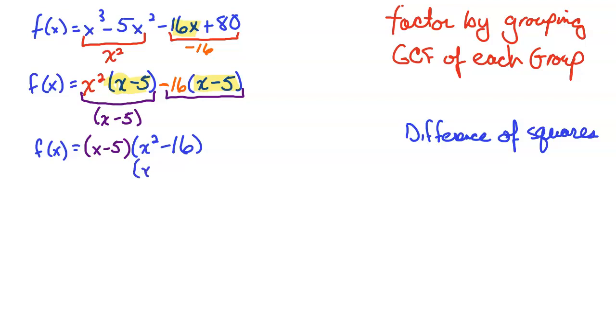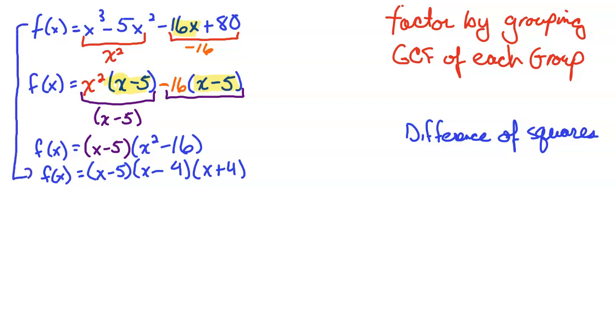And I will have an x minus 4 and an x plus 4. And then I'll still have this x minus 5. Now this polynomial is in factored format. If I were to multiply this back together, I would get my original function.